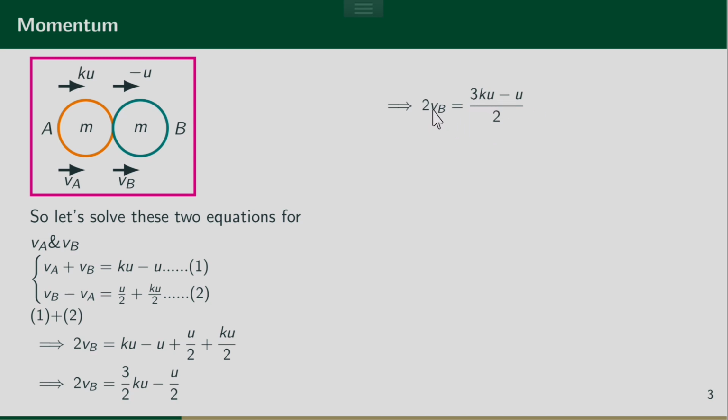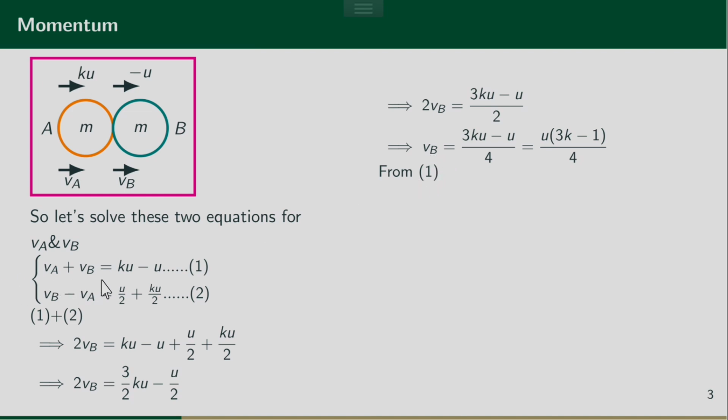And I can now divide both sides by 2, or I multiply each term by half. The 2 multiplies 2 and gives me 4. So VB is 3KU minus U divided by 4. Of course, I can factor out U from these two terms, and I have VB is U into 3K minus 1 divided by 4. So this is the final velocity of B.